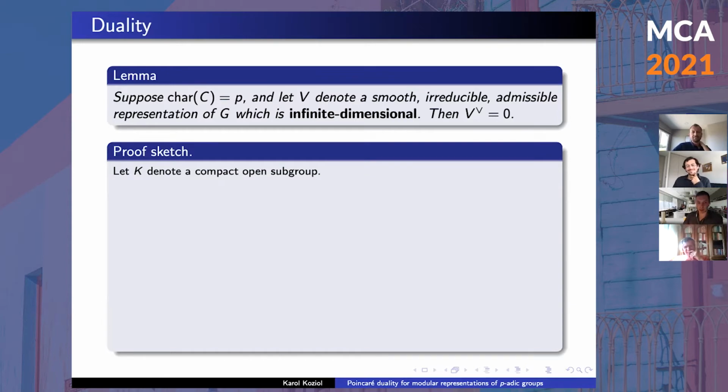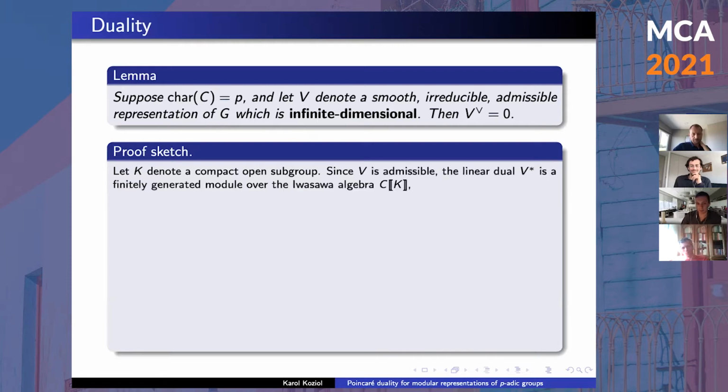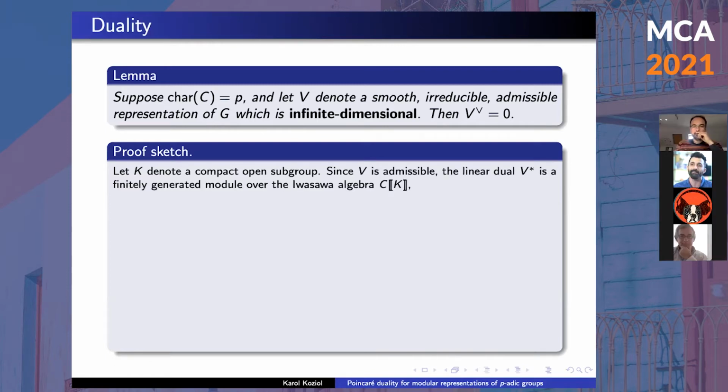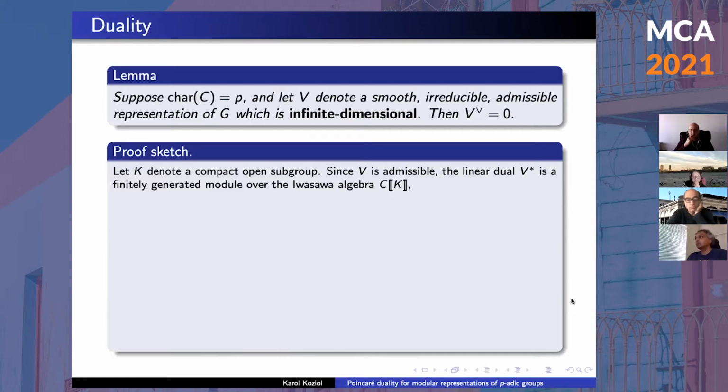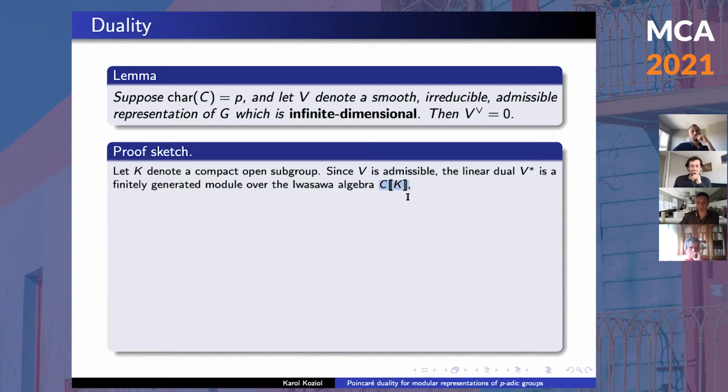So the way this goes is if we let K denote a compact open subgroup, then this admissibility condition on V implies that the linear dual is going to be a finitely generated module over the Iwahori algebra. This Iwahori algebra is just an inverse limit of group algebras of the finite quotients of K. So it's some sort of compact, or rather pseudo-compact, ring.